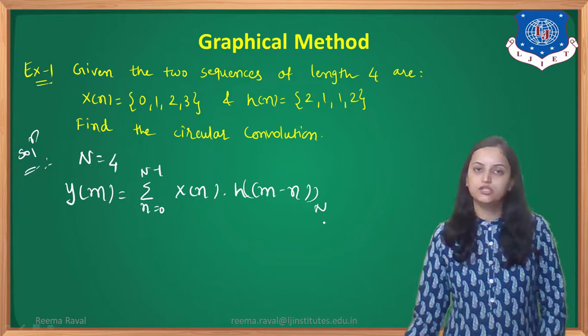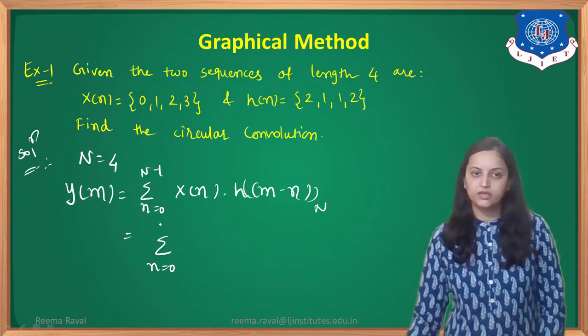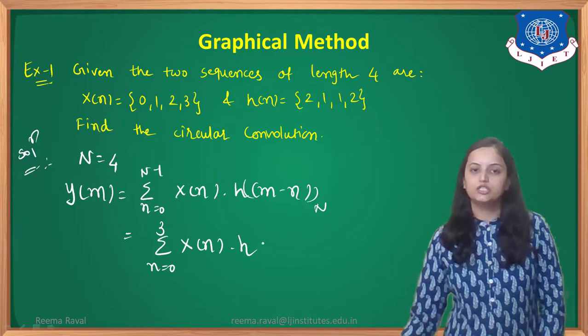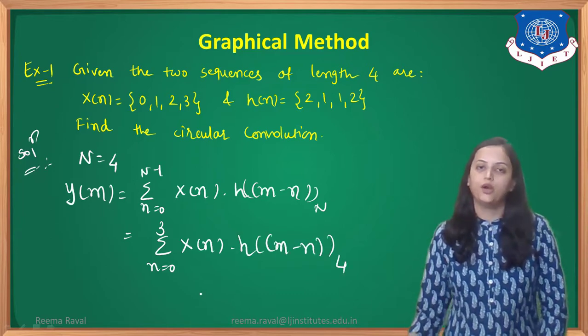Now here capital N equals 4. So we will take summation n equals 0 to N minus 1, that means 4 minus 1, which equals 3, x of n into h of m minus n for 4-point.